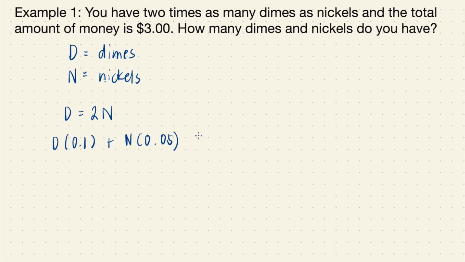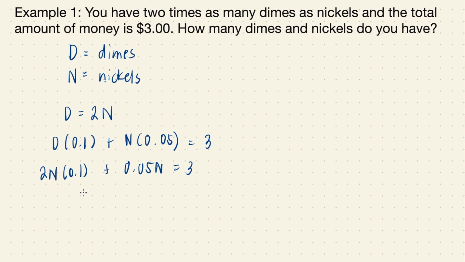And then it should be a total of $3. We will represent this total value with one variable only. Since we have the relationship that there are twice as many dimes as nickels, we can write dimes in terms of nickels. So you'll have 2n times 0.1 plus 0.05n is equal to 3.